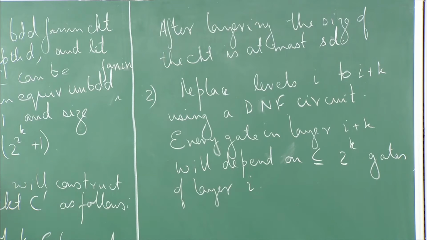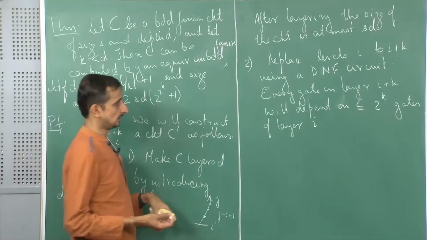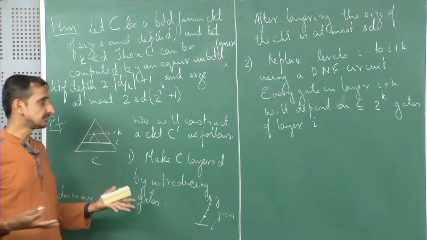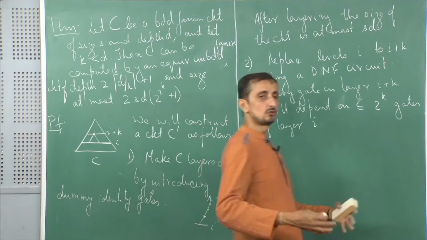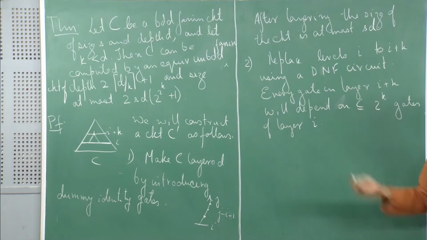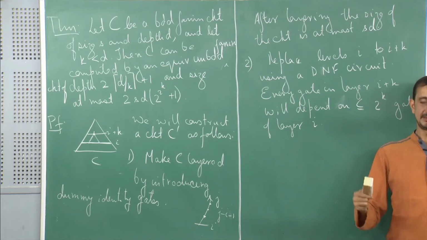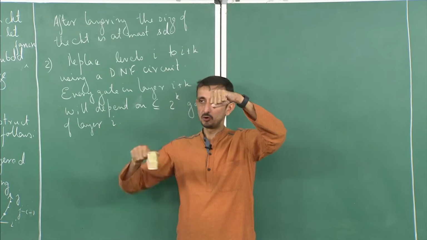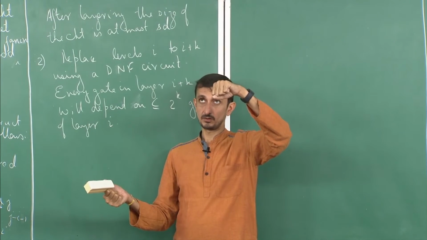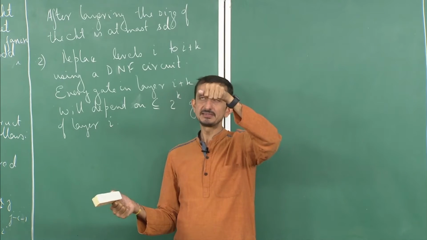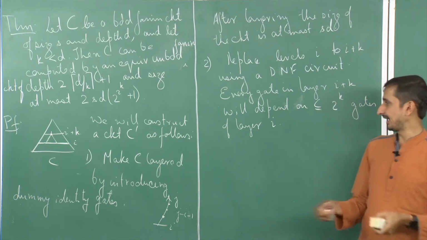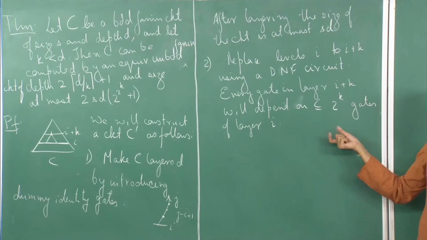So, essentially you can think of it as a truth table which has 2 to the power k inputs. And now the size of this truth table will be 2 to the power k. Okay. So, essentially if I am doing a DNF, I have an OR gate at the top. This OR gate is basically a combination of 2 to the power k many AND gates, and each AND gate can have at most 2 to the power k variables from this layer.